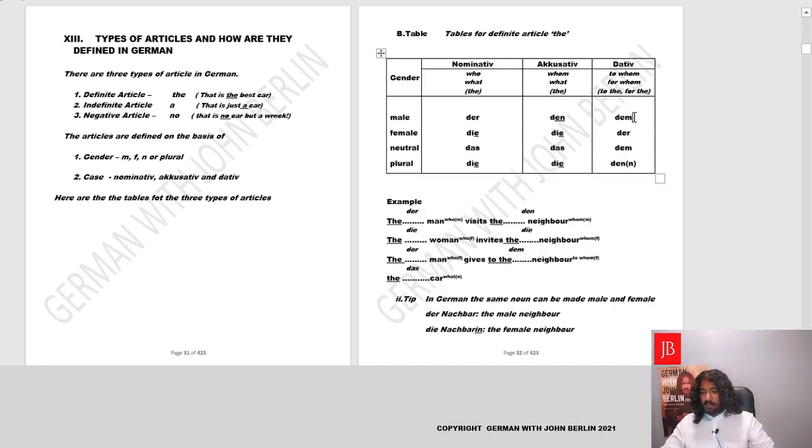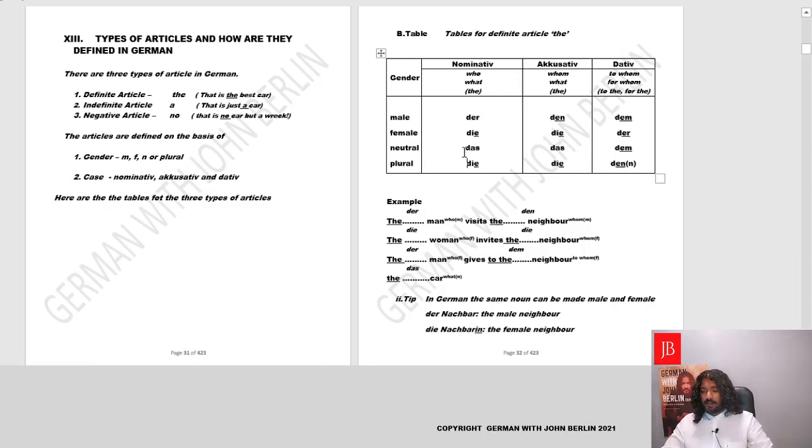And we need to remember the endings of dem, der, dem, and den, which is there with an extra n, about which I'll tell you later. So except der, das, and die, this L-shaped there, we need to remember the endings of all the articles. Why do we need to remember them? We'll find out in a moment.